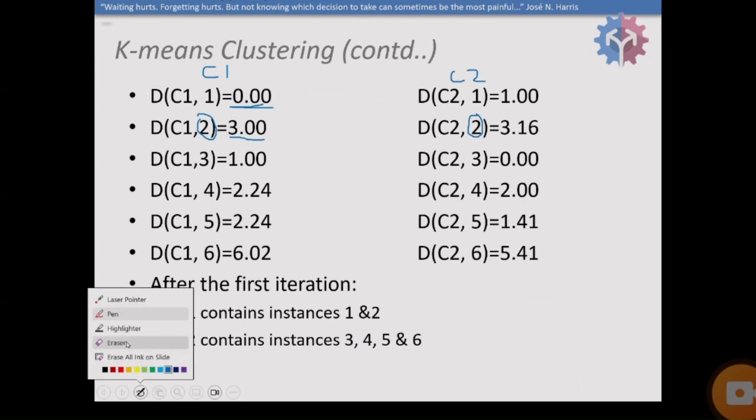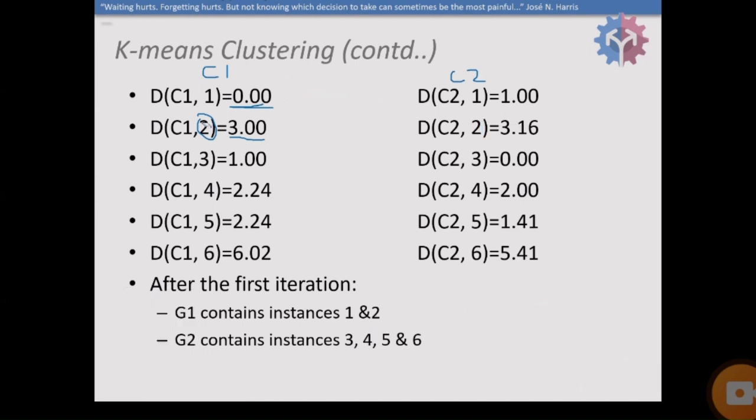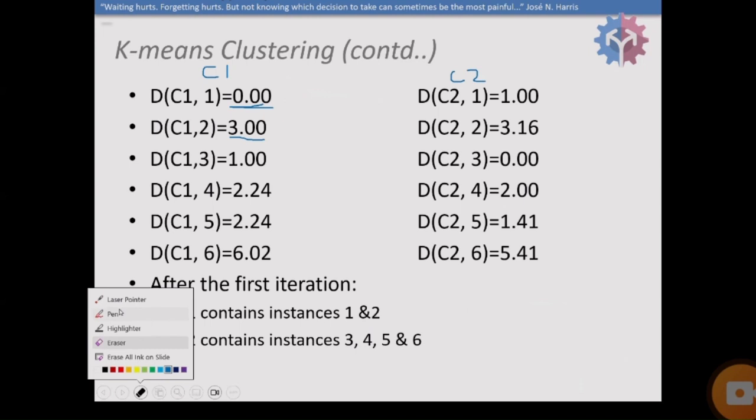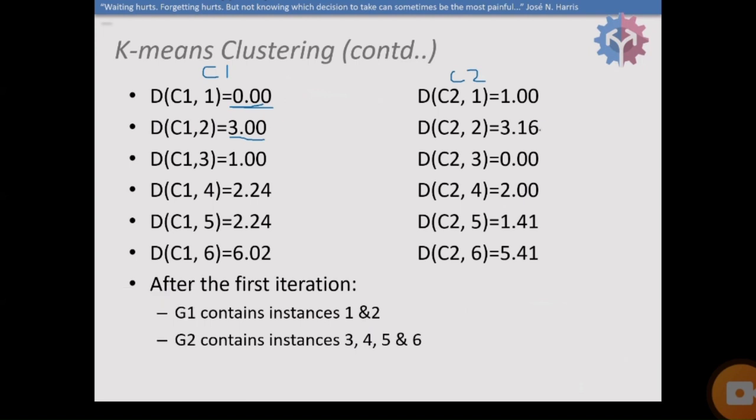So C1 is smaller by 0.16. So it's closer to C1, isn't it? This is 3, this is 3.16. Which is the smaller number? 3. Right? So it means point 2 also belongs to C1.